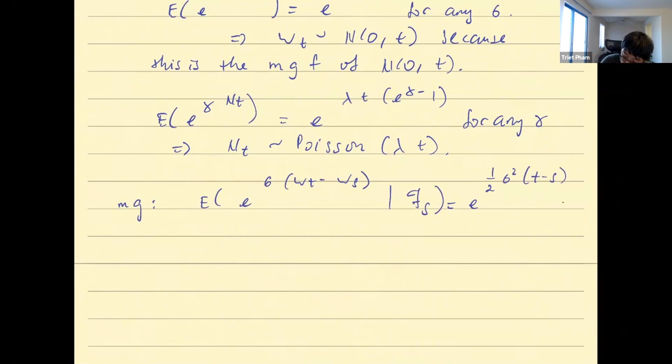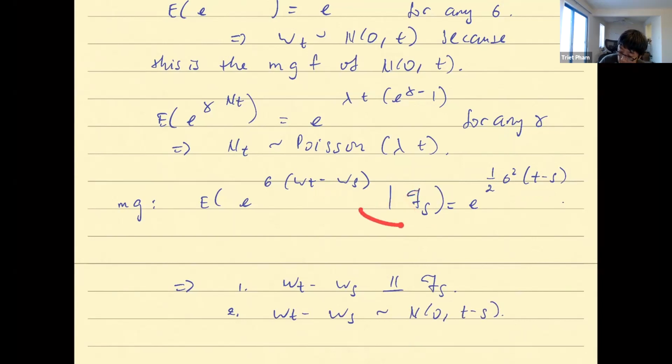Well, from here, you can draw two conclusions. One, that W_t − W_s is independent of F_s. Why? Because there's no W_s on the right-hand side. Second, W_t − W_s is normal(0, t − s), because without the conditional, this is just the moment generating function.